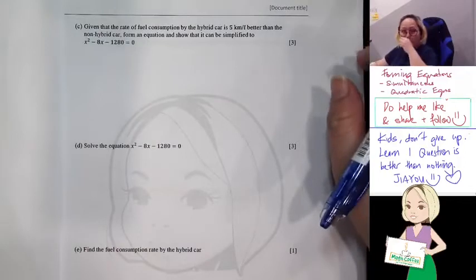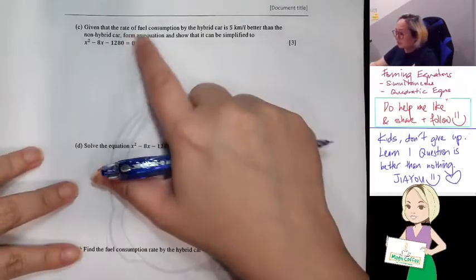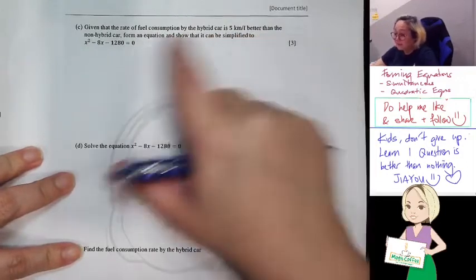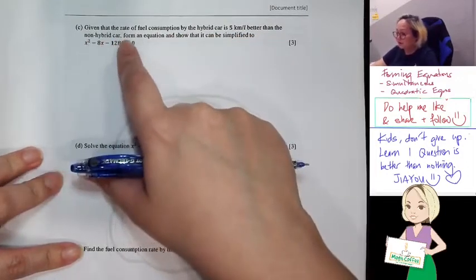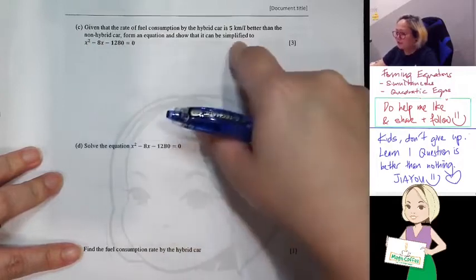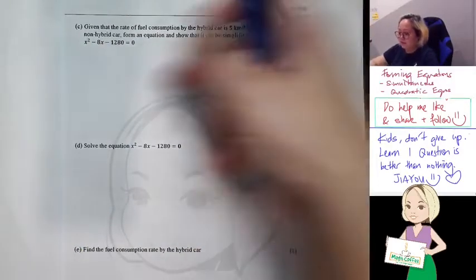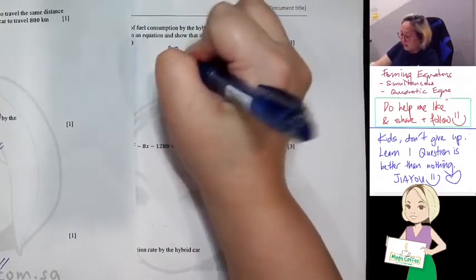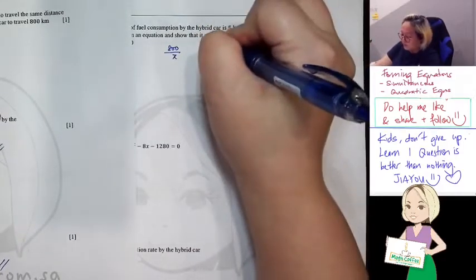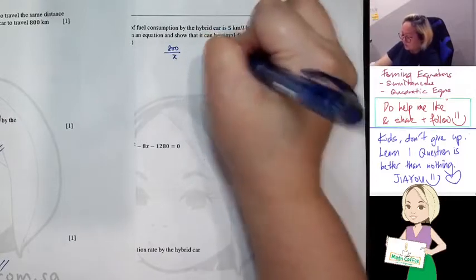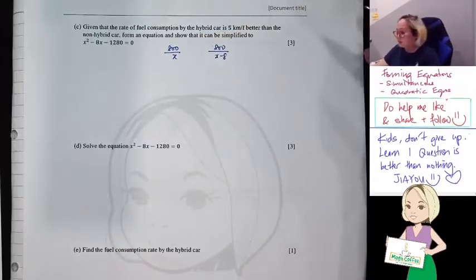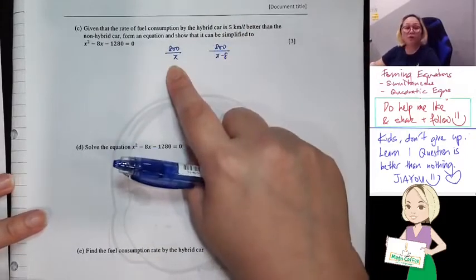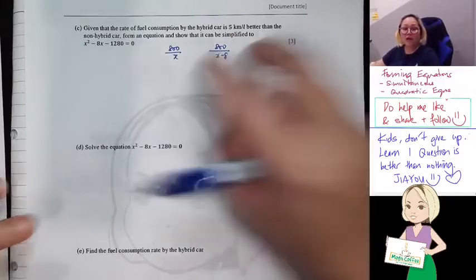Now they tell you the rate of fuel consumption by the hybrid car is 5 km per liter better than the non-hybrid car. So form an equation. What does it mean by better? Now I have this 800 over x, and I also have this 800 over x minus 8. A common mistake is that students don't know whether to use this one minus this one or this one minus this one. It is very important to decide which one minus which one.